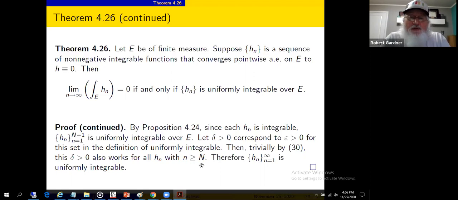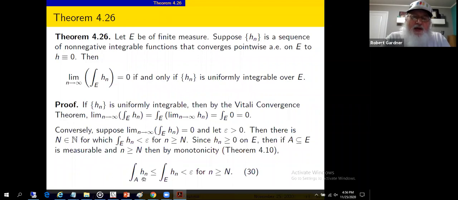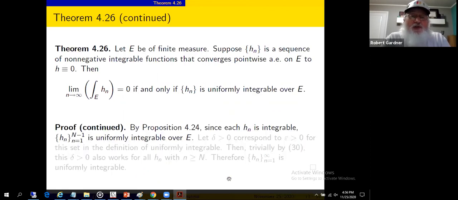The first ones we had on the previous slide, when the index was sufficiently large, had integrals less than epsilon regardless of what set A was. Let's go back. Yeah, we had the integral over A of h sub n less than epsilon, provided n was sufficiently large. That came from the definition here. So we've got these less than epsilon by making the index sufficiently large.